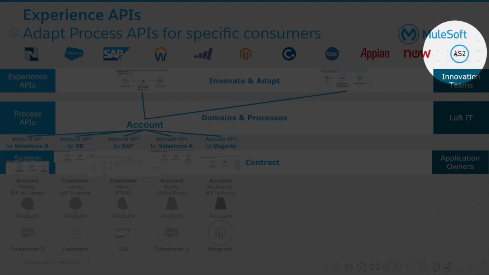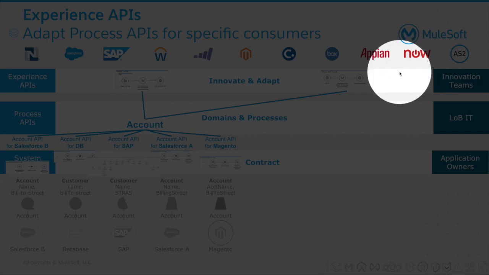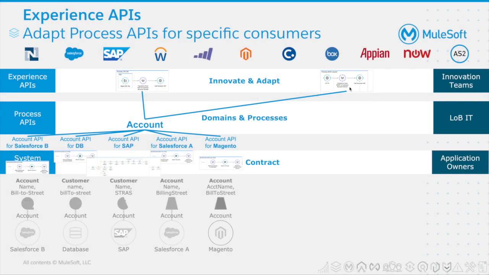Or if I'm doing EDI integrations and I need an 850 format, this is where we would do that transformation. And so the experience layer is that adaptive layer that allows me to take my standard process APIs that we've created and be able to adapt them to a specific use case or a specific consumer's needs.